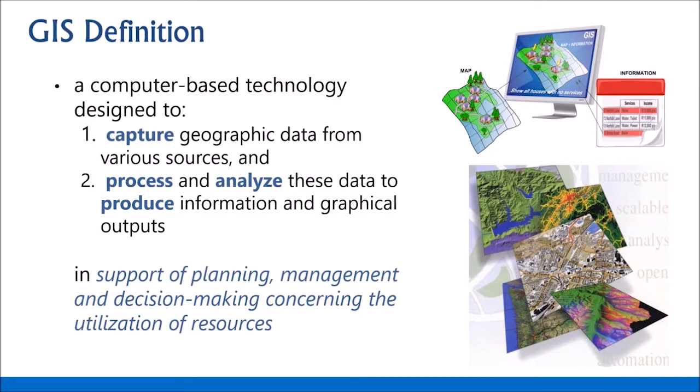So you have four essential tasks: capturing or collecting data, processing the data, analyzing the data, and producing useful information and graphical outputs. And everything is done in support of planning or management and decision making concerning the utilization of resources. Thus, a GIS is used as a planning tool to come up with better decisions.